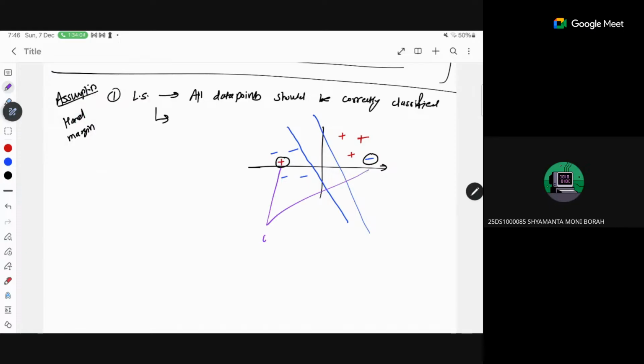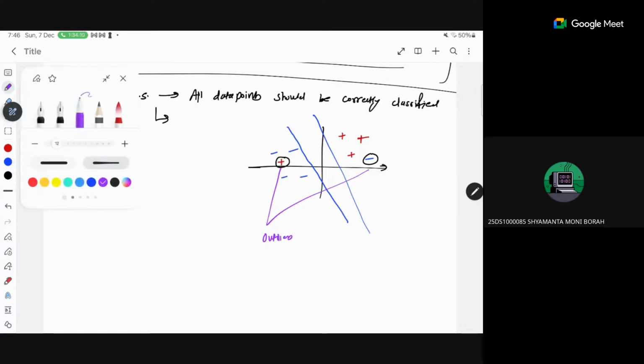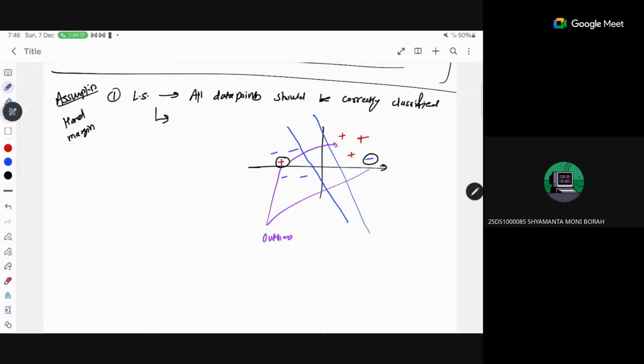These are all called outliers. The outlier has to go to this side, and this one also has to go to that side, so that all the data points will be correctly classified. I should be able to move those points to their respective sides, and that will be done by using a modified formulation, which is called the soft margin formulation.